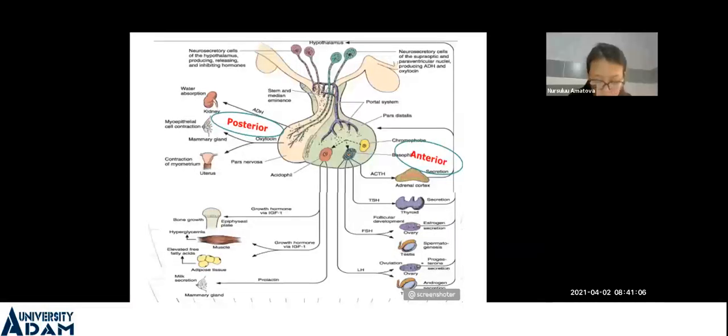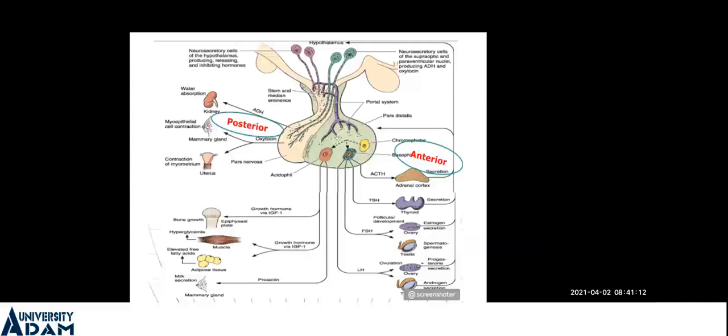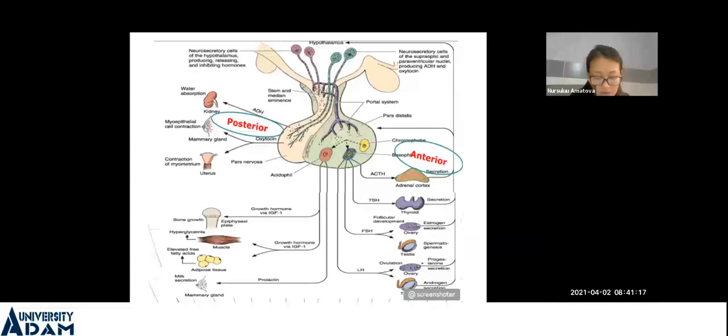Yes, corticotrophs produce ACTH, adrenocorticotrophic hormone, which is produced by the pituitary gland. All of these cells are part of the pituitary gland.